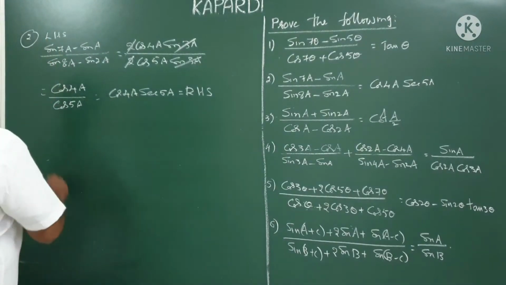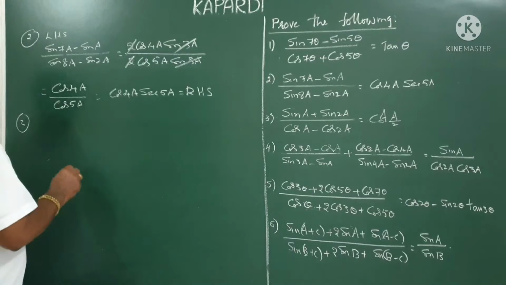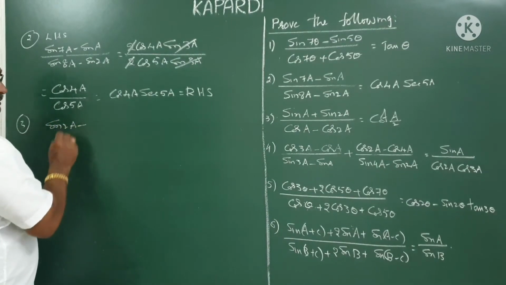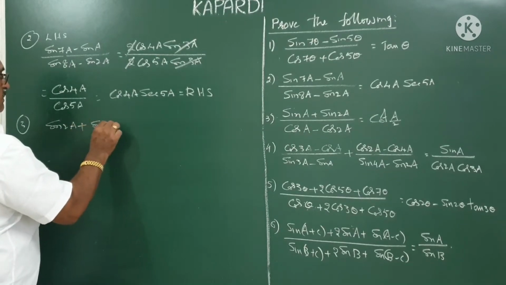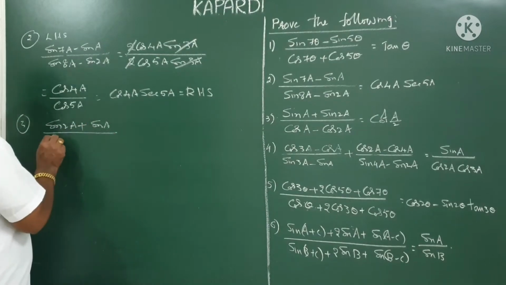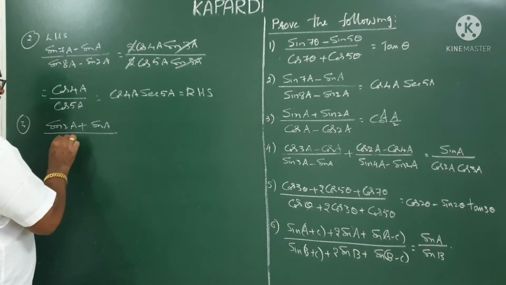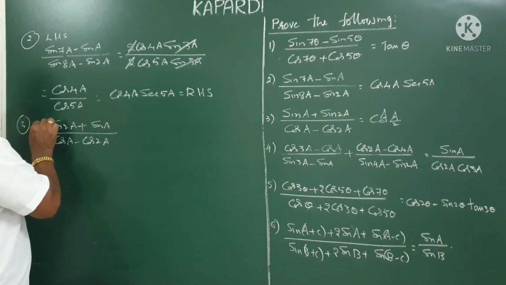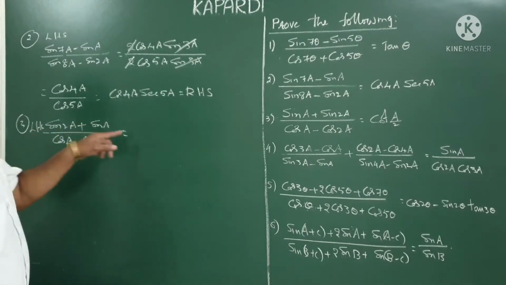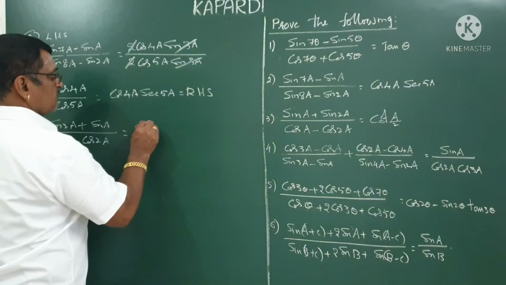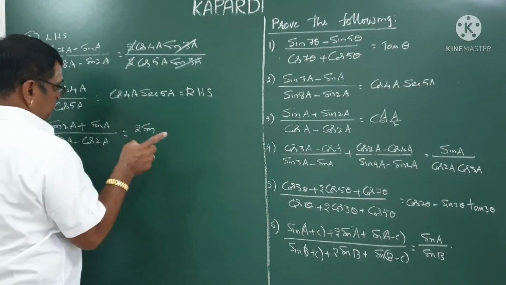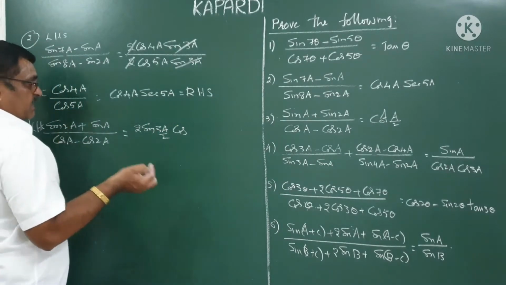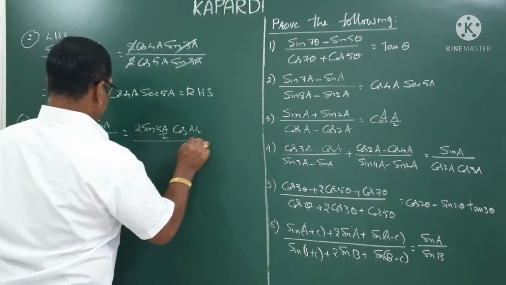Come to the next, third question. I write it like this: (sin 2a plus sin a) by (cos a minus cos 2a), LHS. Same thing, sin c plus sin d gives 2 sin of (2a plus a) by 2, 3a by 2, cos of (2a minus a) by 2, over.